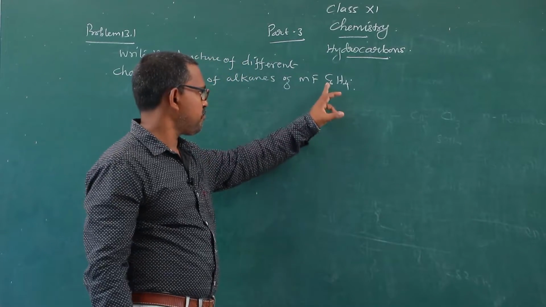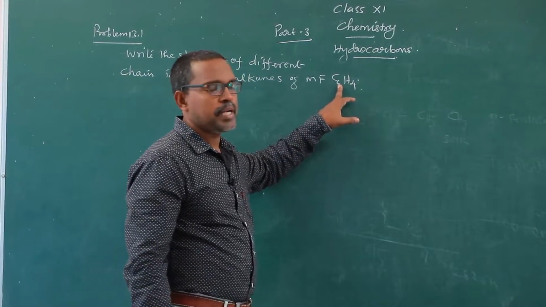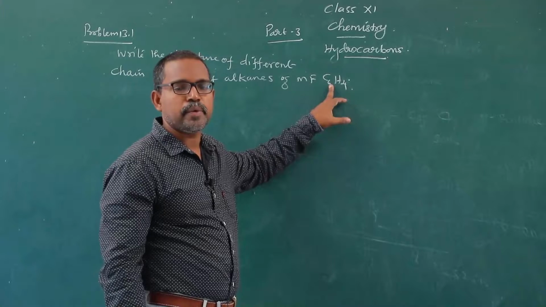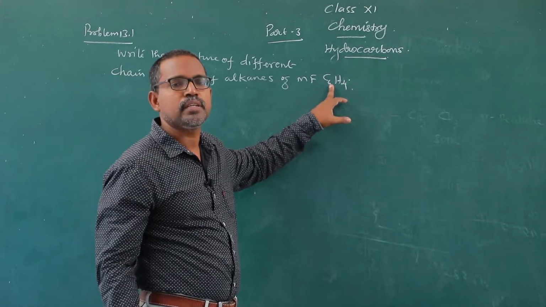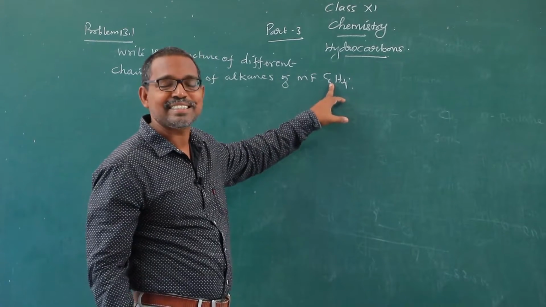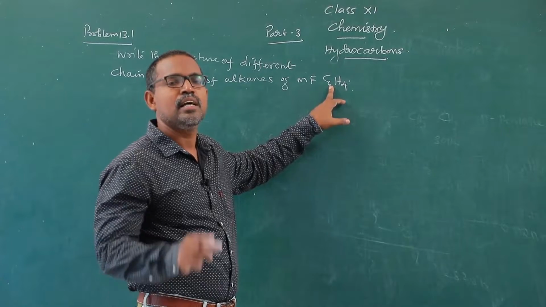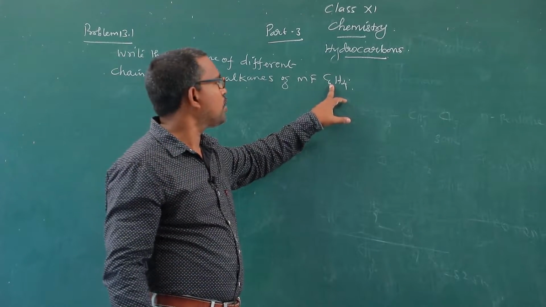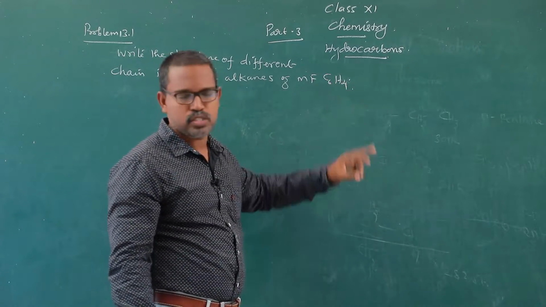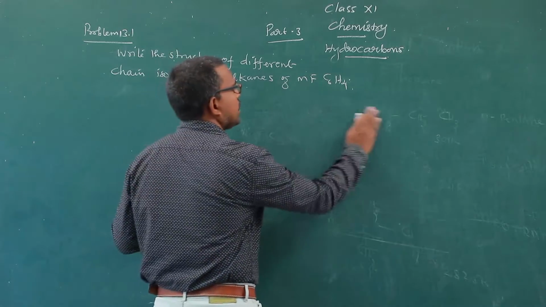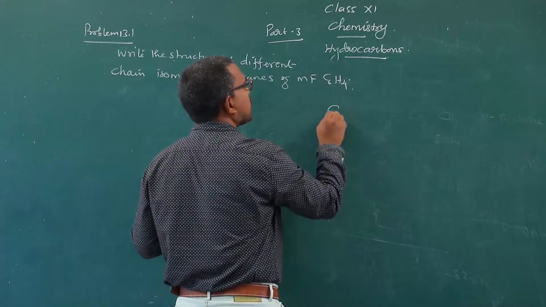Listen, first you know the carbon number is 6. Six carbon atoms means the parent hydrocarbon is hexane. It's very easy.